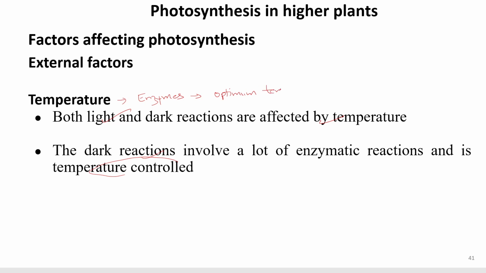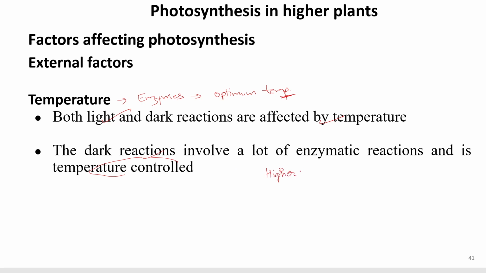So initially when we increase the temperature, there is a lot of collision between the molecules. This leads to the increase in the rate of photosynthesis. And later if we exceed the temperature from the optimum, then it can denature the enzyme.